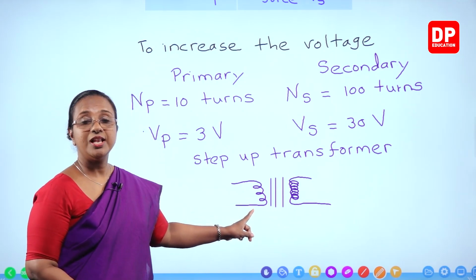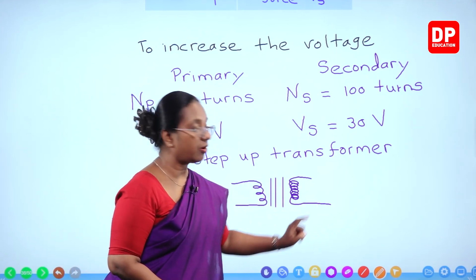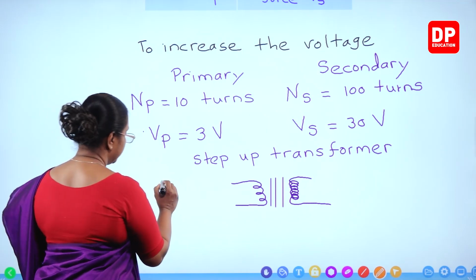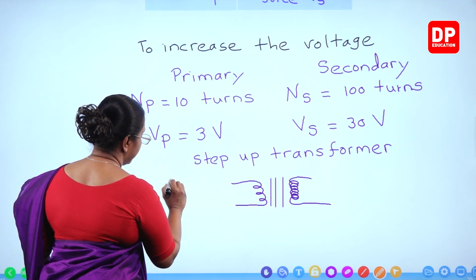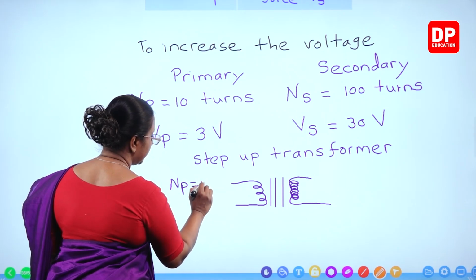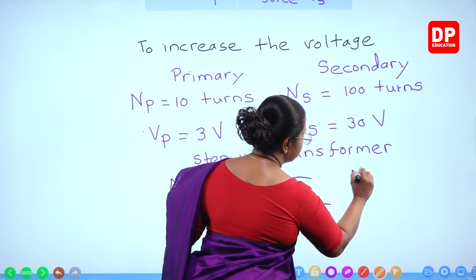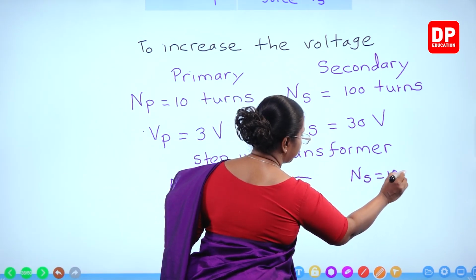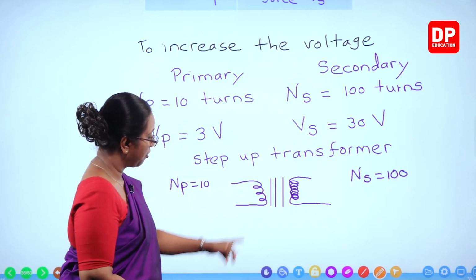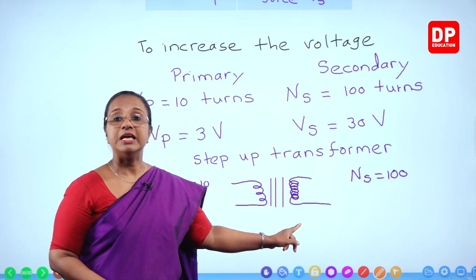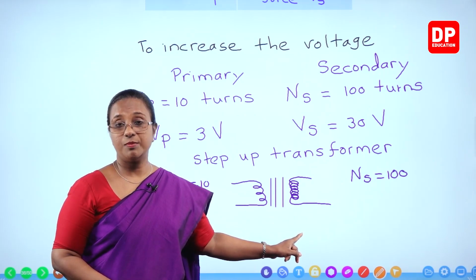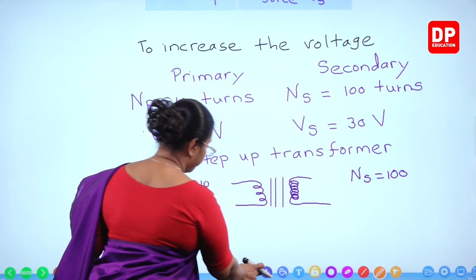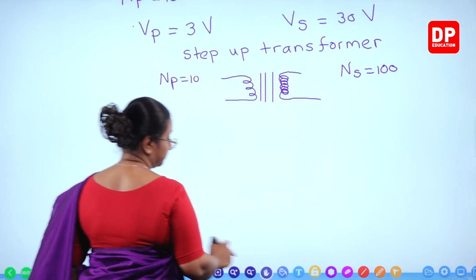Now the primary coil has fewer turns, the secondary coil has more turns. So here this is N primary 10, N secondary 100. You don't have to count and draw, but from the symbol you know it is a step-up transformer. Is that clear, student?